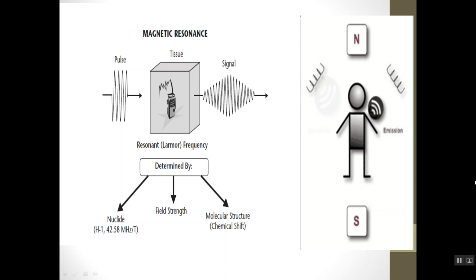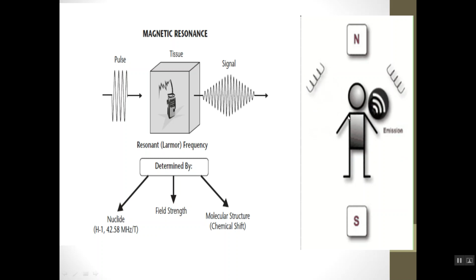So now, again, this is the main magnet, two poles of the main magnet, north and south. And here I have this coil transmitting the radio frequency pulse, causing excitation inside the patient's body. After I switch off the transmitted radio frequency pulse, the body will relax.